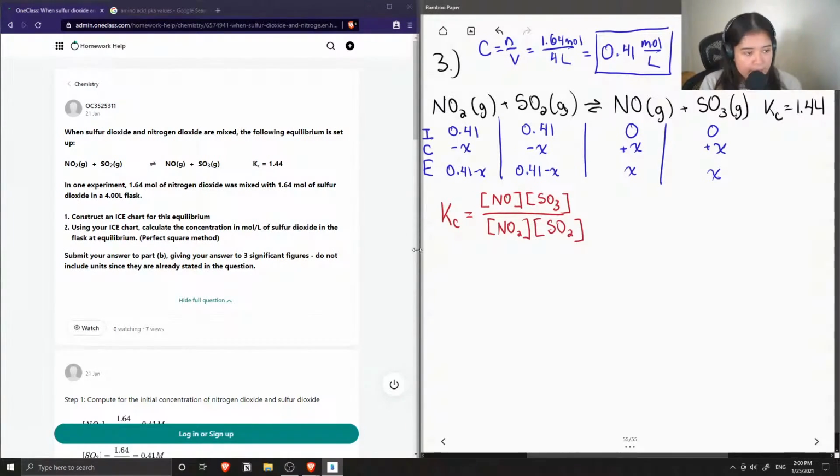Okay, so now that we have an expression for Kc, we can plug in all the values that are given. So we know Kc is equal to 1.44, and we know that the concentration of both of our products is equal to X. So X times X is just X squared. And the concentrations of our reactants are both 0.41 minus X.